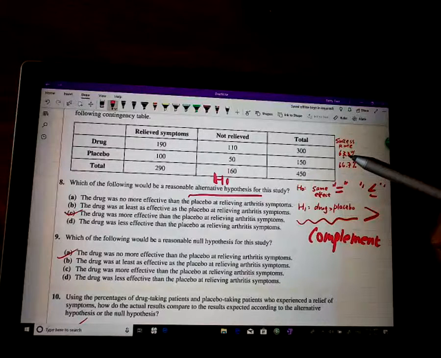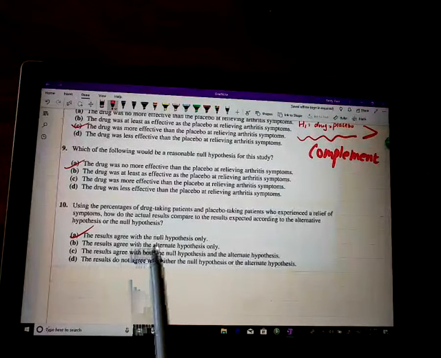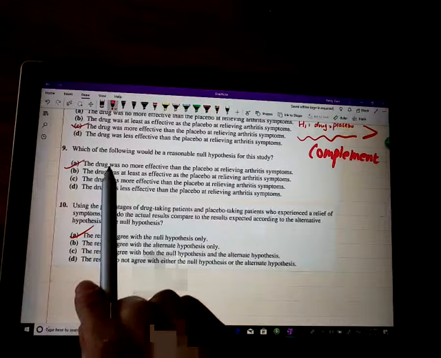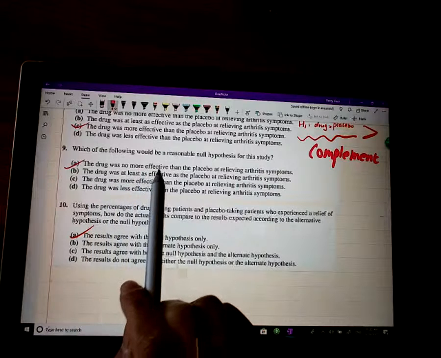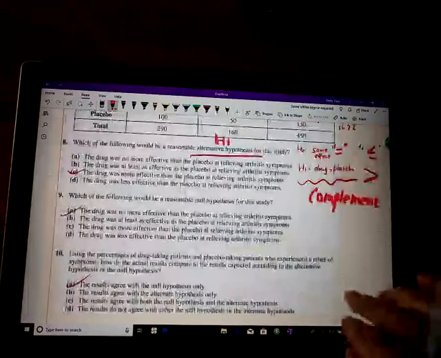Actually, the placebo group has a higher success rate, right? So what do you think? The results agree with the null only. What's the null? The null is the drug was no more effective than the placebo. Yeah, try to make sense of it.